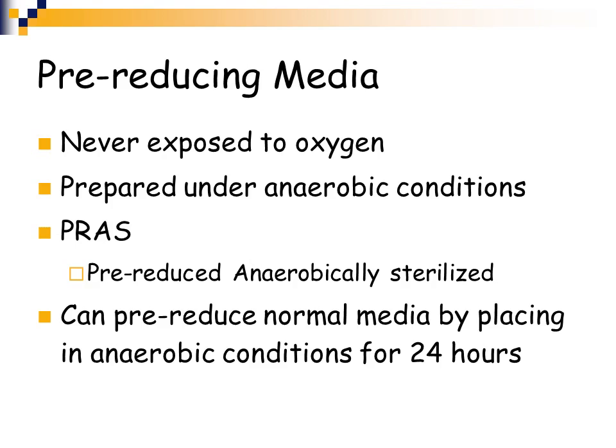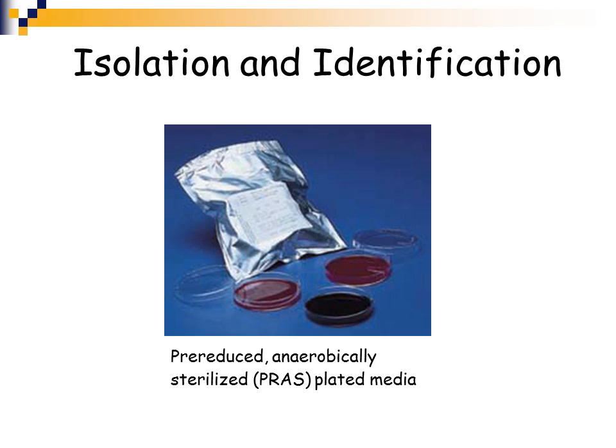But in the clinical lab, usually you're going to purchase pre-reduced anaerobically sterilized media that comes individually in these little pouches. So here is this PRAS media, and a lot of times you'll have a whole set of your primary isolation and selective media in your pouch. So you just have to open up your one pouch and you have all the media that you need in order to do an anaerobic workup on a specimen.